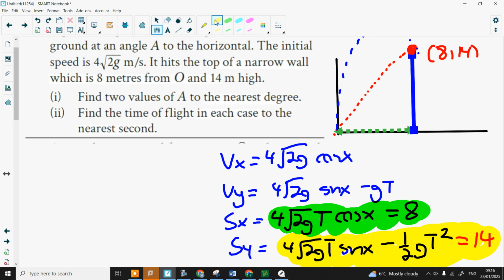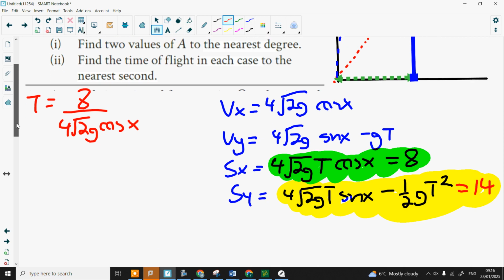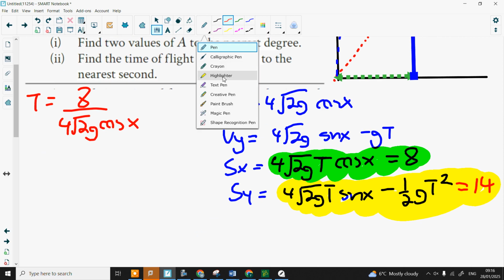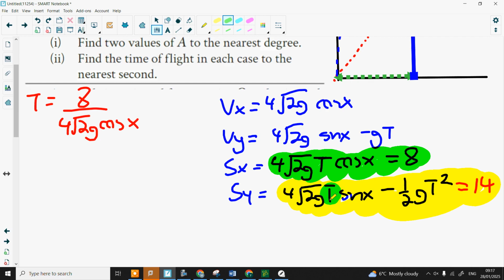You're going, wow, this is a lot tougher than the linear quadratics I'm used to. But what we're going to do is isolate t. Everybody see t? So t is 8 over 4 root 2g cos x. Everybody all right with that? Now what am I going to do with that t value, do you think? What am I going to target? See those t's there? I'm going to sub them in first.